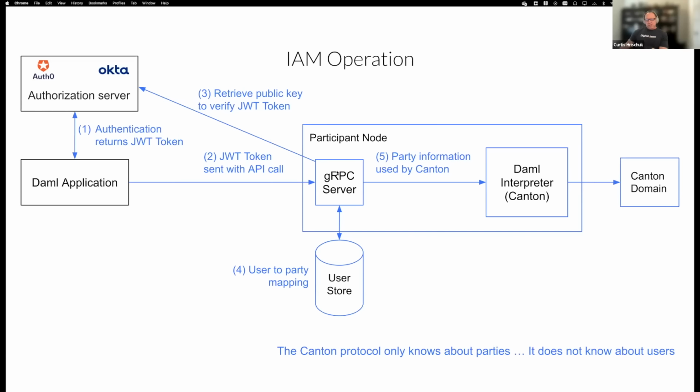Now, once validated, that user ID is mapped onto its associated parties and privileges. The party information is then passed on to the Daml interpreter. Now, there are two main points I'd like to emphasize. One is that a user is local to each participant node, and the Canton protocol only knows about parties. Now, setting up this IAM configuration is quite detailed, and I would refer you to the documentation.